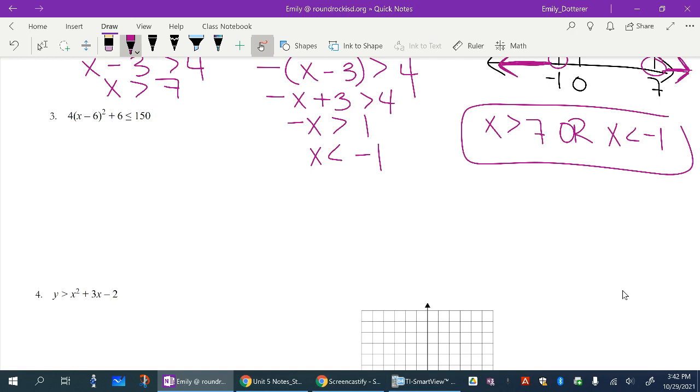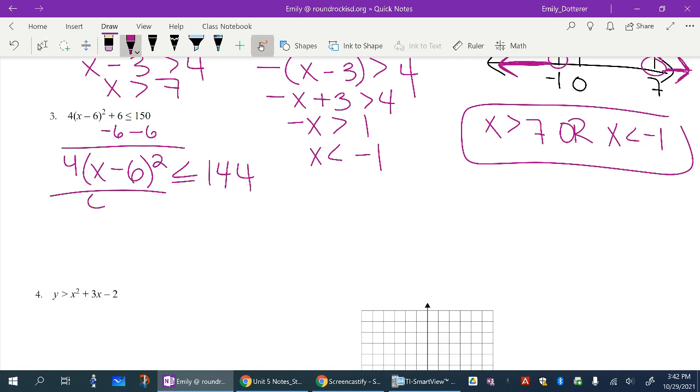Number 3, we have a plus at the end again, so we're going to subtract. Keep the symbol the same, because we just subtracted, we didn't multiply or divide. Now we divide by 4, so those two cancel, because 4 divided by 4 is 1.